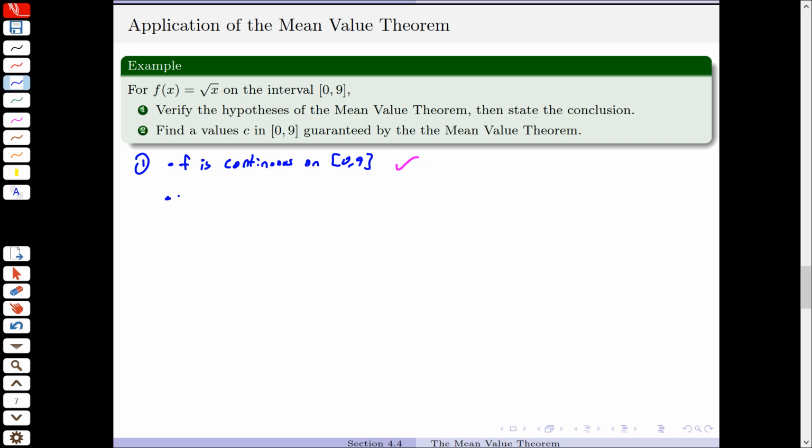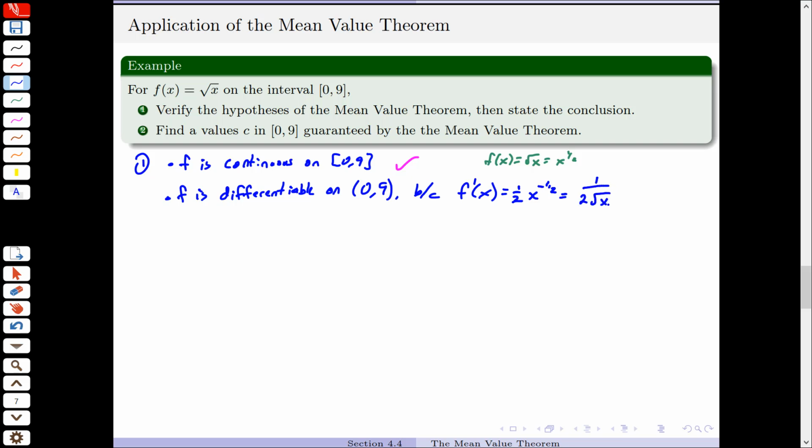And 2, f is differentiable on the open interval (0, 9). Again, I want to look at the derivative, right? So if f of x is root x, which is x to the 1/2, then f prime of x is 1/2 x to the negative half, which I can write as 1 over 2 root x.